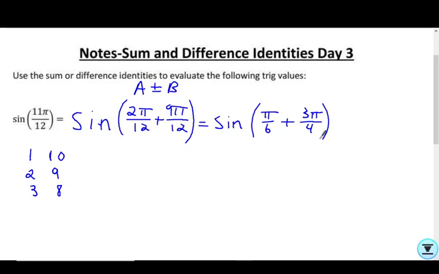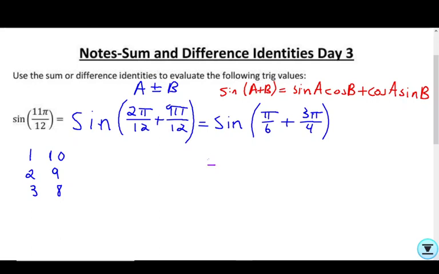So when we do our sum rule, the sum rule says if you have the sine of A plus B, that is sine of A cosine B plus cosine A sine B, like that. Wherever we see A, we're going to plug in pi over 6. Wherever we see B, we're going to plug in 3 pi over 4.